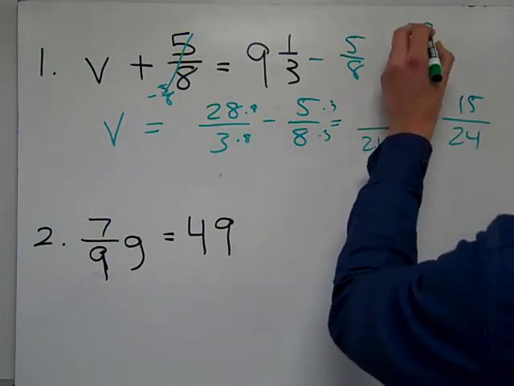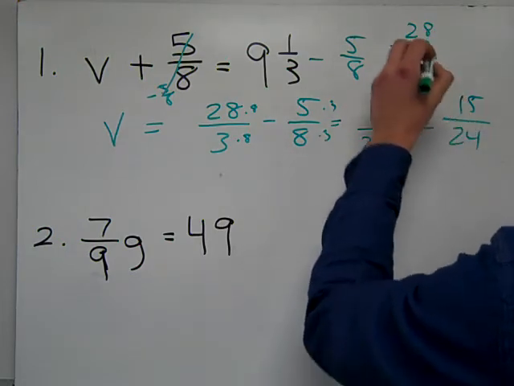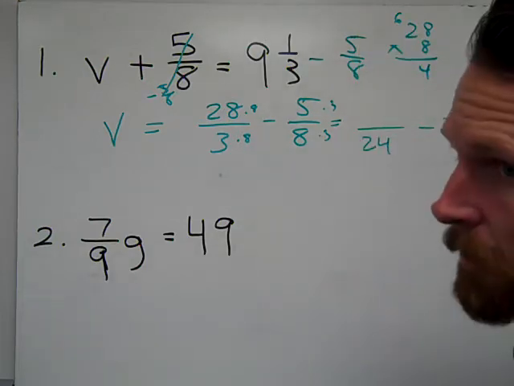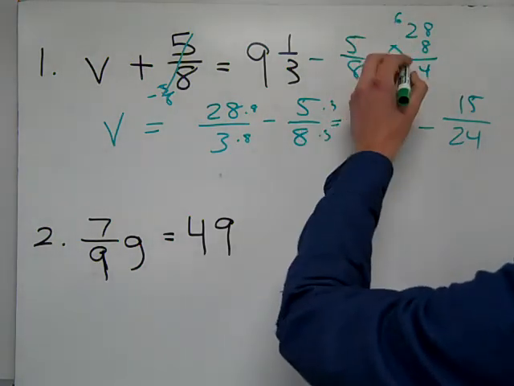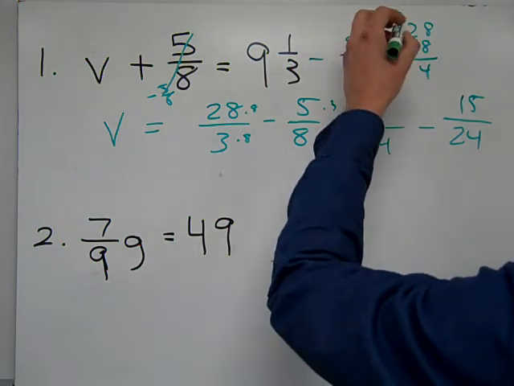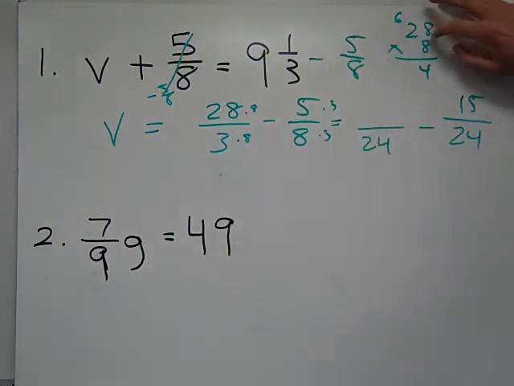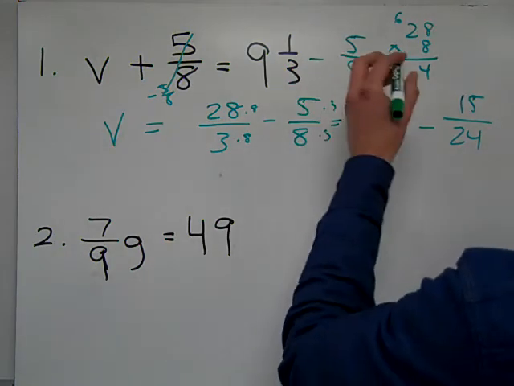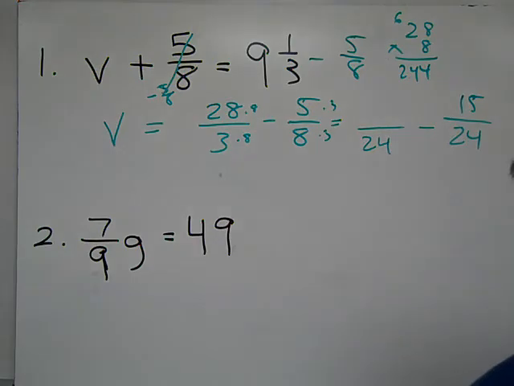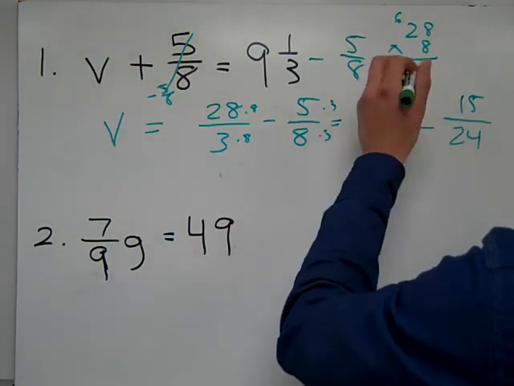Here's the problem. 28 times 8. 8 times 8 is 64. 16 plus 24. Did I carry anything? Wait. Yeah, 64. Yeah, okay. 24, sorry.